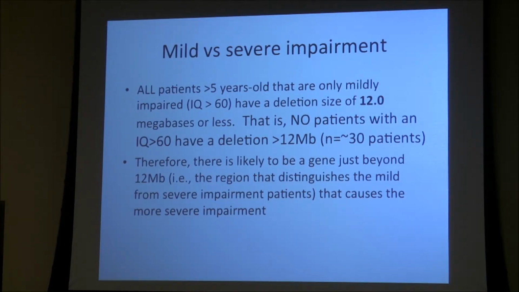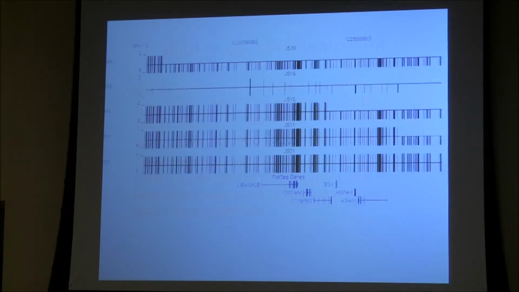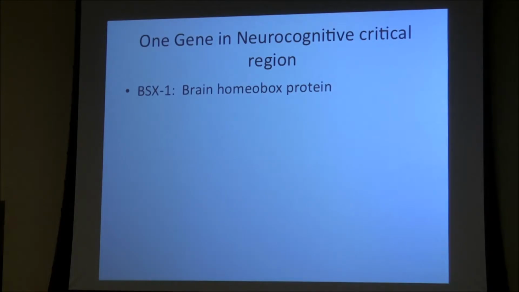And so now we can use the power of the Human Genome Sequencing Project, again, to see what's in that region. And it turns out there is a gene there called the BSX gene, which is an abbreviation for brain-specific homeobox protein, which again is always reassuring when you're looking for a gene that you think has a function in brain that has the word brain in its name.